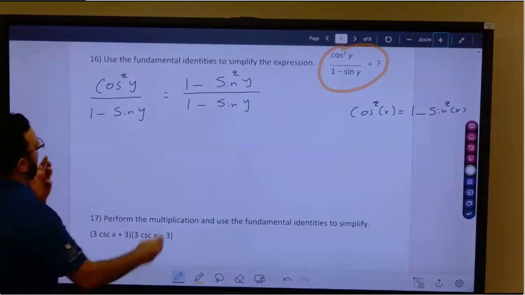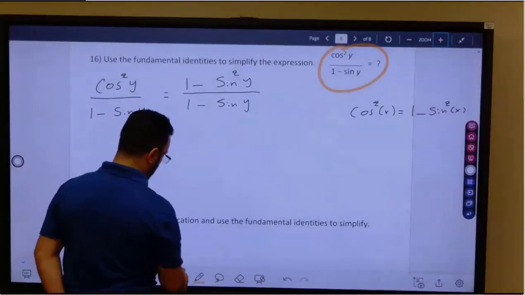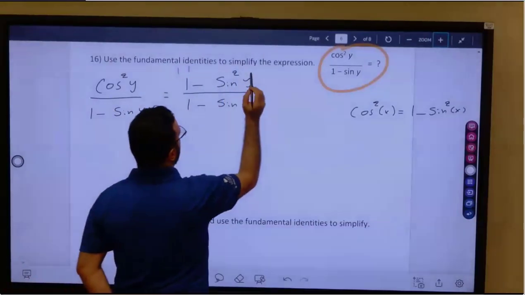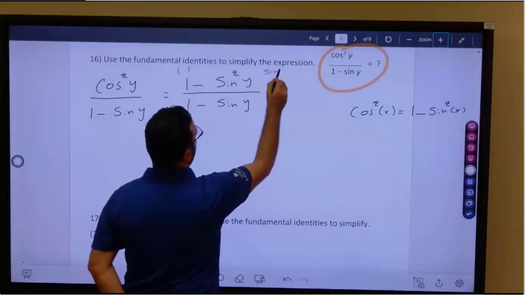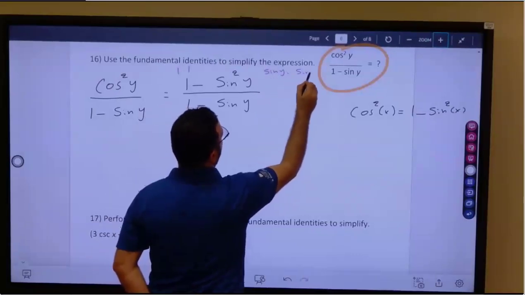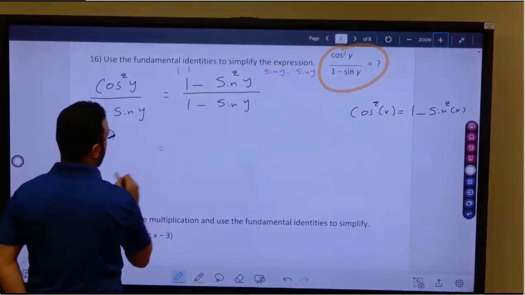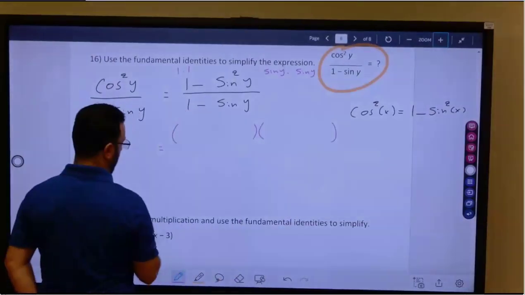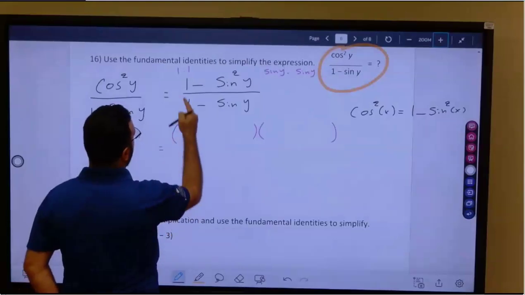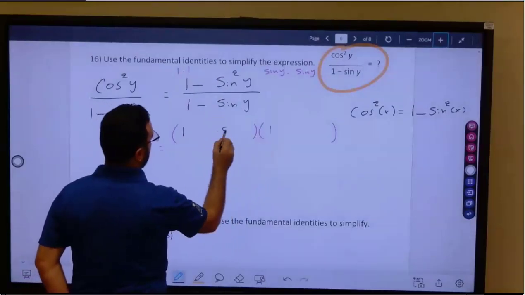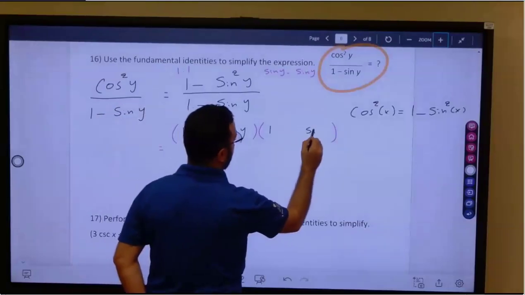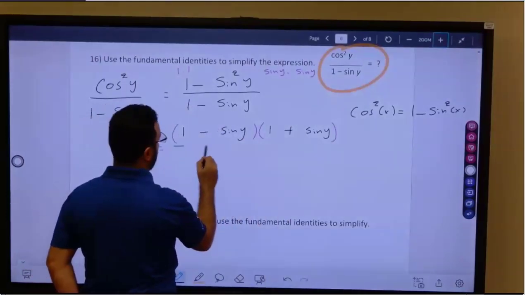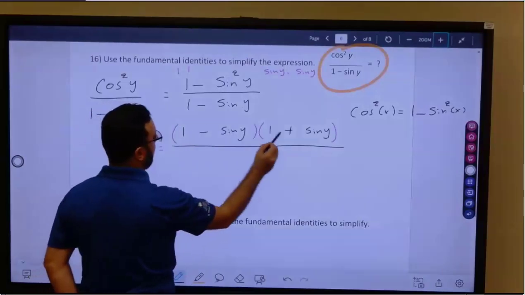Let's think. I have a minus between two squares, because 1 I can say is 1 times 1, and sine squared is sine y times sine y. So in this case, this is going to be equal to two parentheses, one here and the other one here, sine y here and sine y on the other side: 1 minus sine y times 1 plus sine y, and it doesn't matter which sign is going to be here or here.